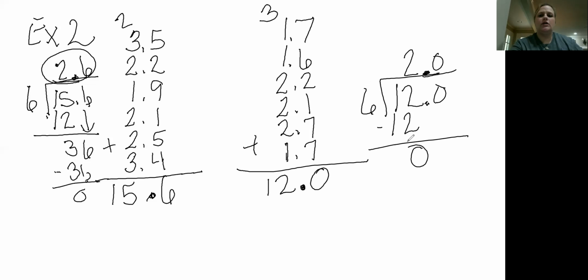Okay, so now it says compare. It says compare the monthly rainfall. So you could say City 1 had 2.6 and City 2 was 2.0 monthly rainfall, most likely in inches. So City 1 was greater.